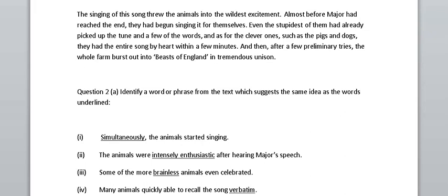The second thing you need to be aware of is the fact that it asks you to either identify a word or a phrase, and I want to draw your attention to the word phrase, which is 2 or 3 words max. Often my year 11s write these lengthy quotations and they get no marks for that.